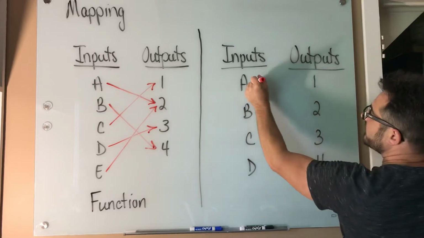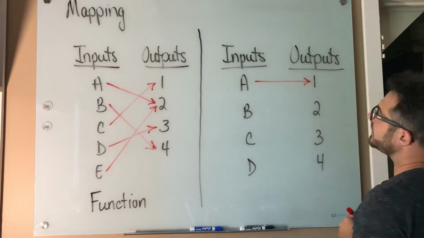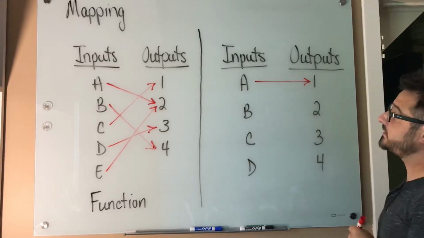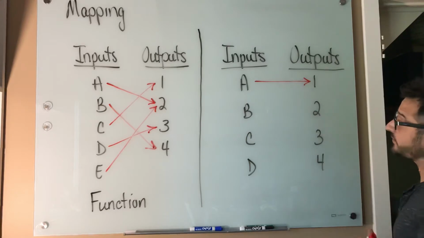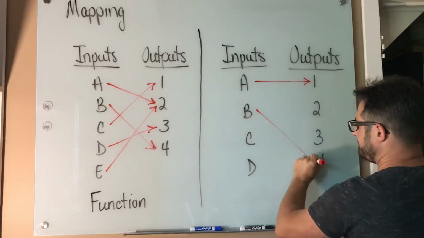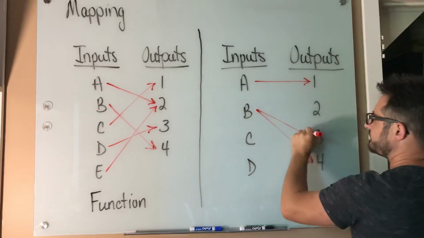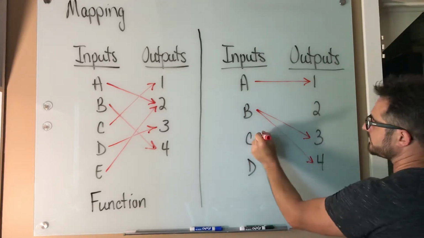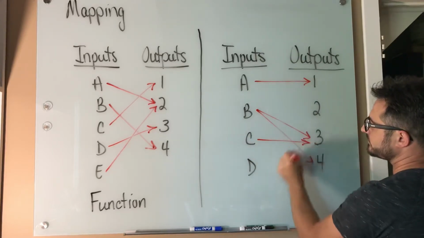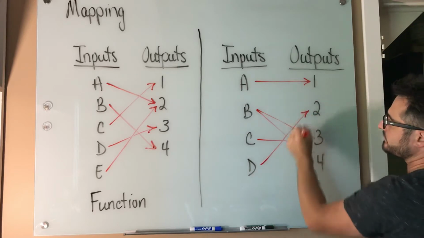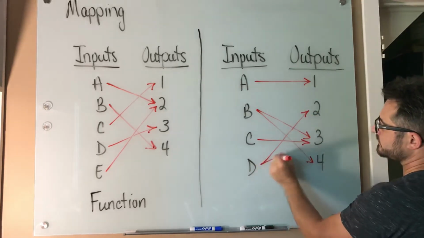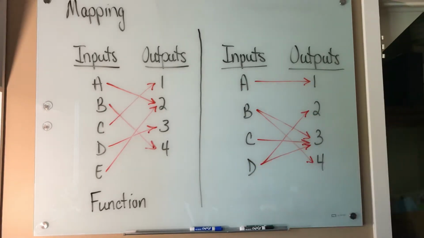So again, without needing to know what is causing each input to be produced or to be paired with each output, what we have here is a relation that is not a function.